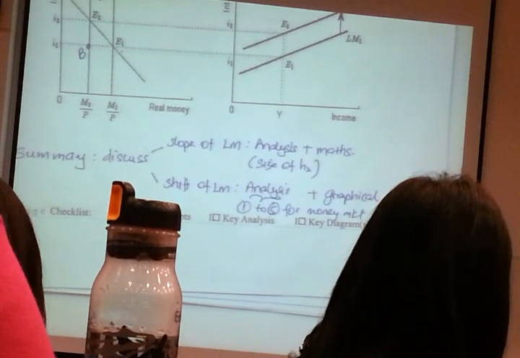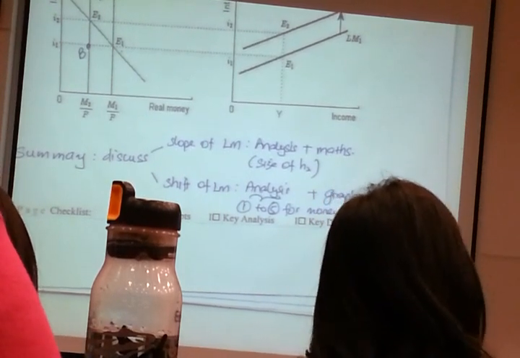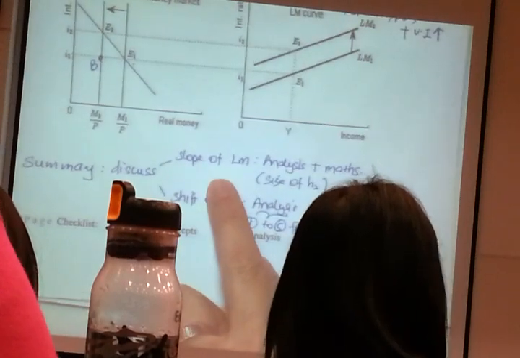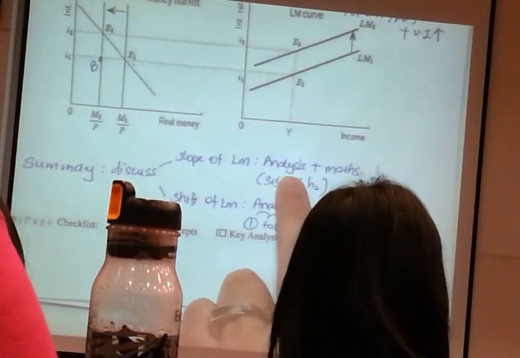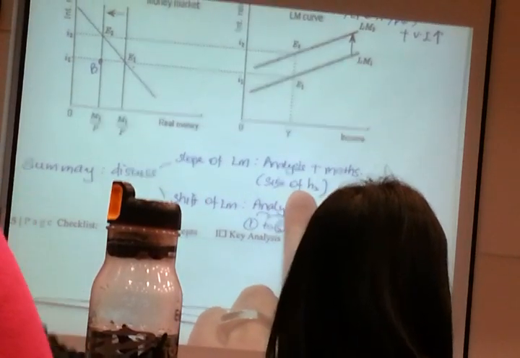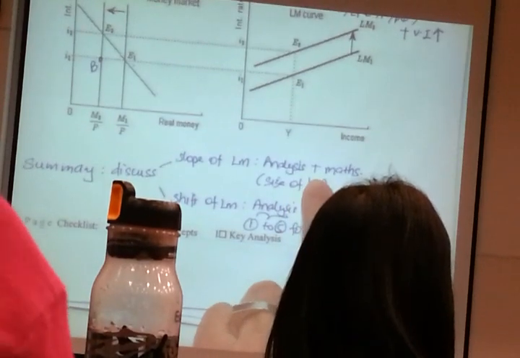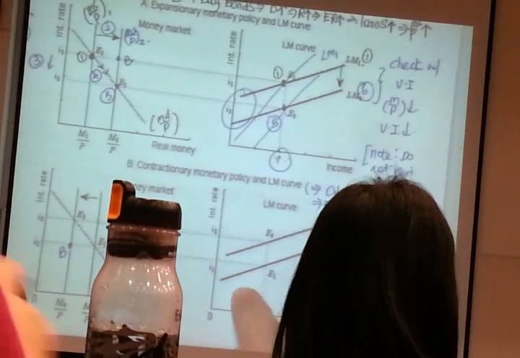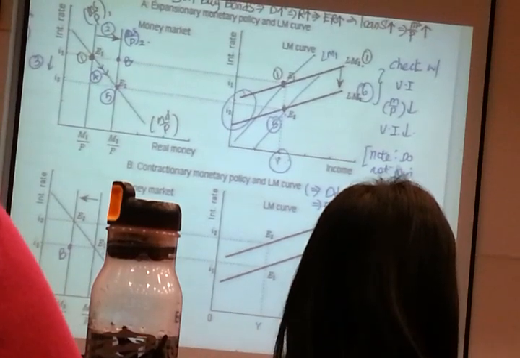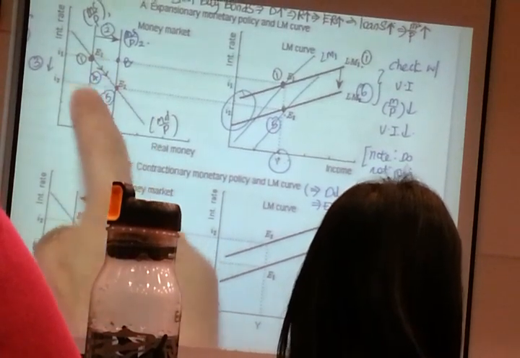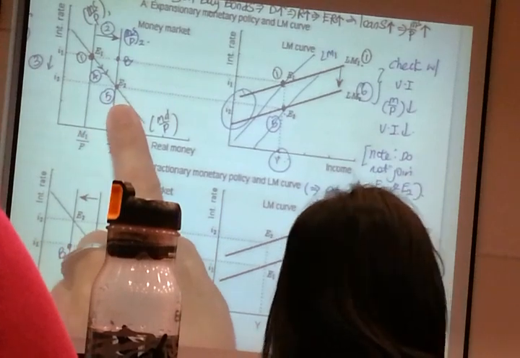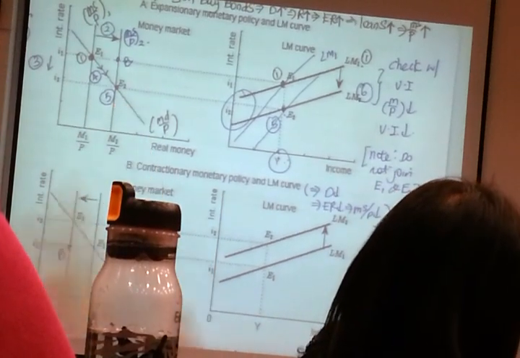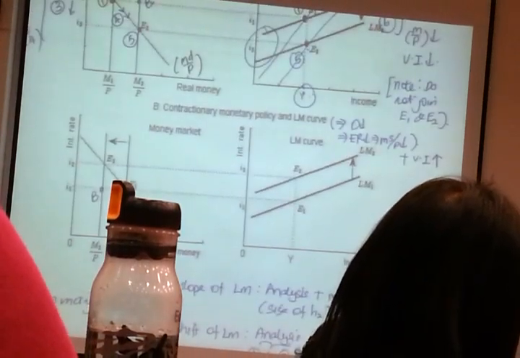You must know time is at stake. So this is what we discussed last week. Slope of LM, I will analyze H2, then I will draw the LM. Whereas if it is the shift, like what we saw up here, I will use diagram. And the analysis is the step 1 to 5. So make sure you have a good anchor point.